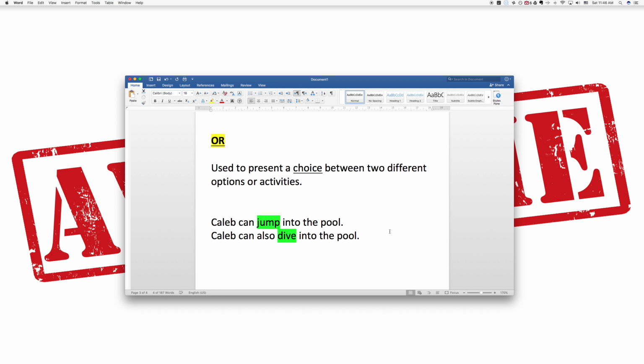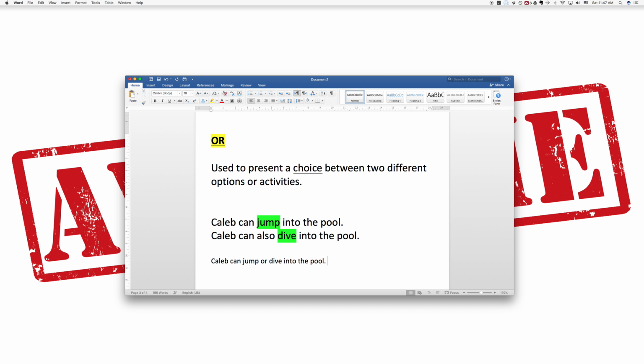So Caleb can jump into the pool. Caleb can also dive into the pool. So let's go ahead and put the subject of the sentence in first. Caleb can... Now what can Caleb do? Caleb can jump or dive, that's right, into the pool.